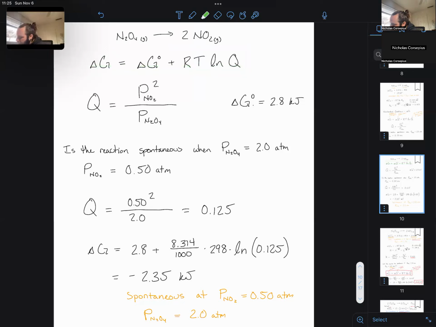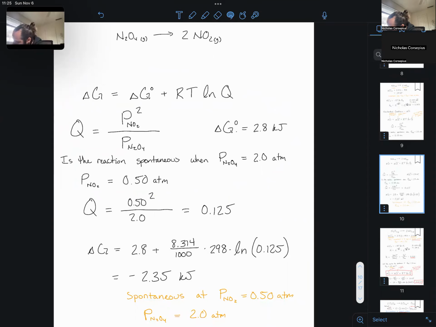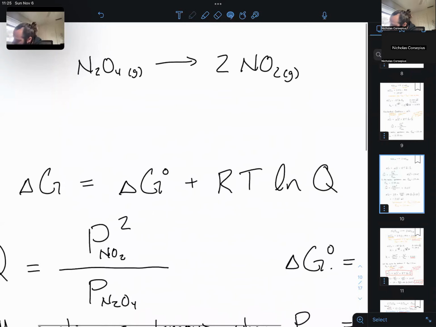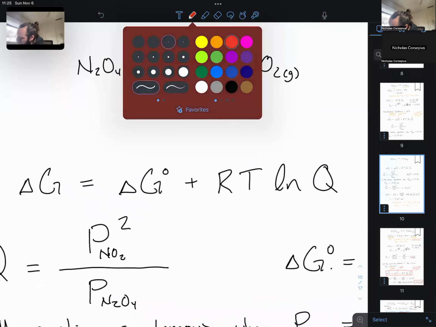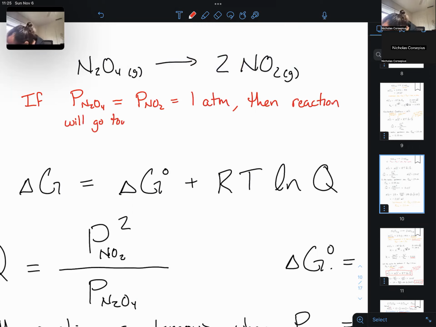All right, and so just to summarize what we learned here: we said if the pressure of N2O4 and the pressure of NO2 were both 1 atm, then the reaction will go towards the reactants, right? Non-spontaneous, meaning it's going to be spontaneous in the reverse direction.